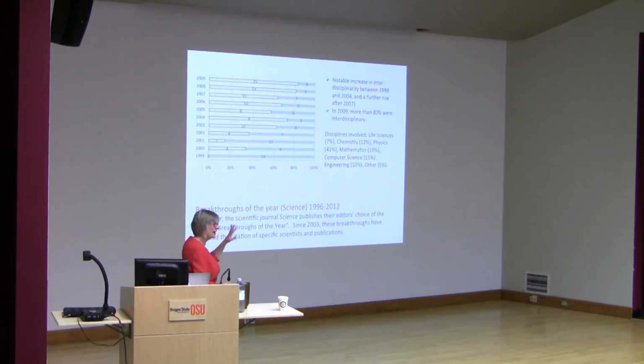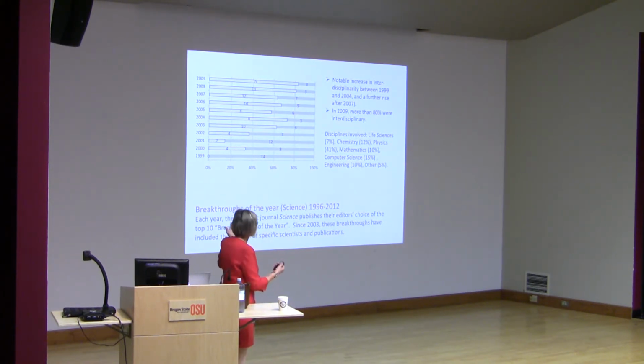Now, if you look at the interdisciplinarity of this particular program, the disciplines that are involved are life sciences, sort of the more medical sciences, chemistry, physics, mathematics, computer science, engineering, and others. And when it started out, there were basically very few that had strong interdisciplinary teams put together.